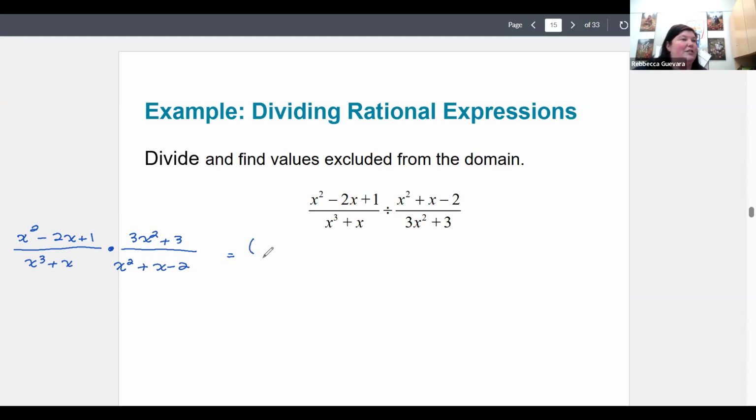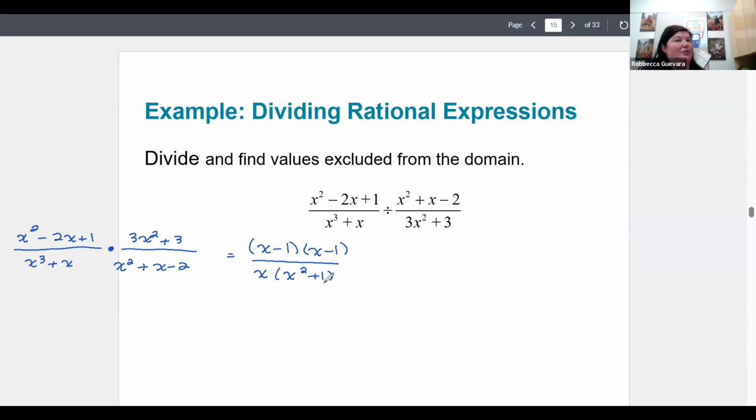So x squared minus 2x plus 1 factors into x minus 1 times x minus 1. Think about that for a second. On the bottom, we can just pull out an x, so we get x times x squared plus 1.